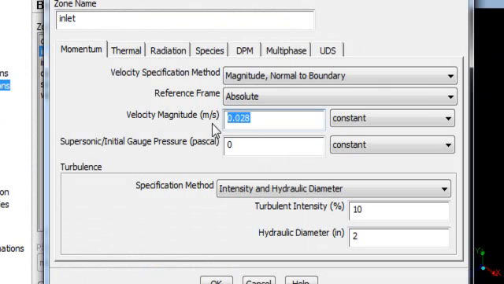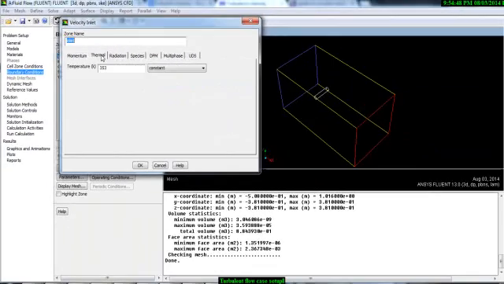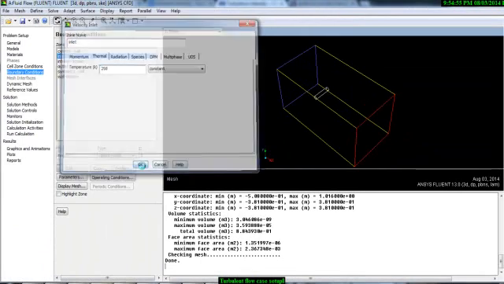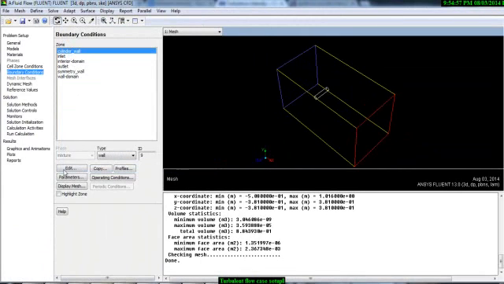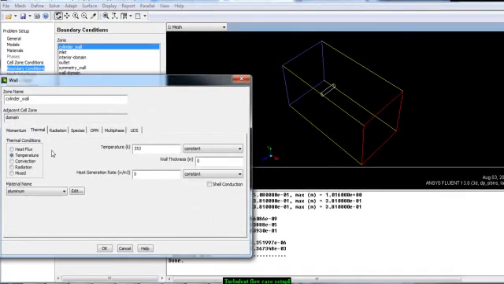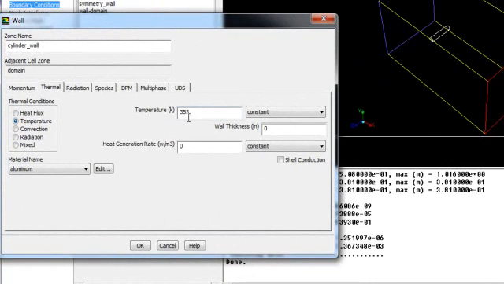So the velocity is 2.874 and the thermal is 298 because this is the inlet air temperature. The cylinder wall has the temperature of 353.